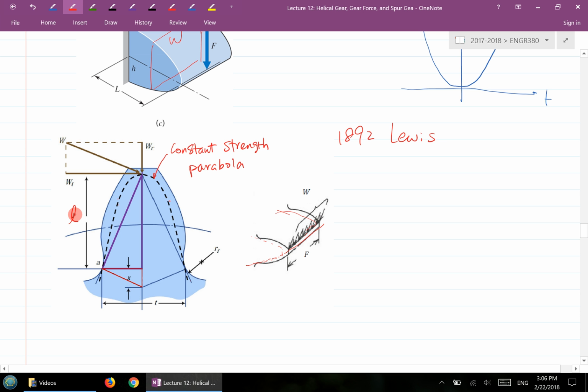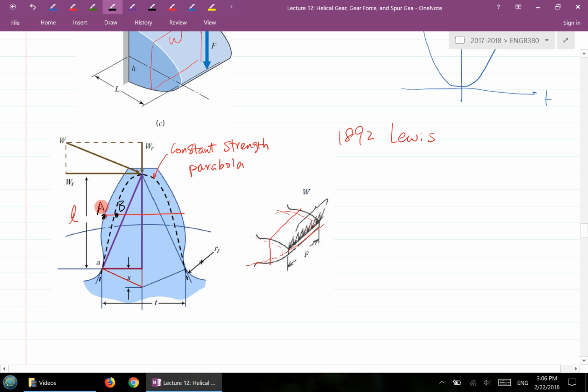Before we derive the Lewis equation, another observation: if you cut a cross section anywhere along the gear tooth, like this, we can show that here is the B location on the parabola, and here is the A location on the gear tooth profile.